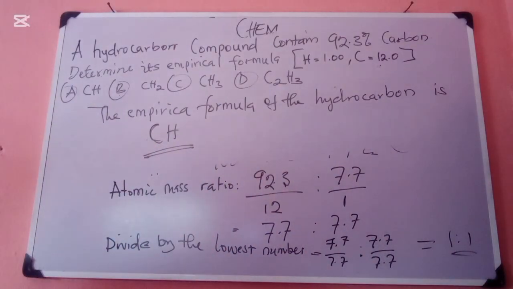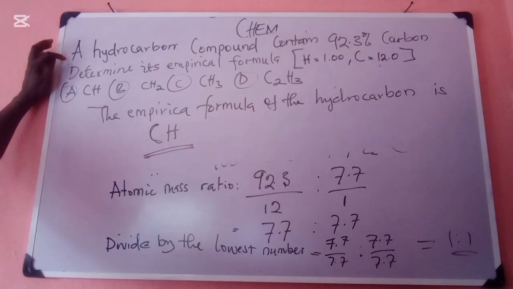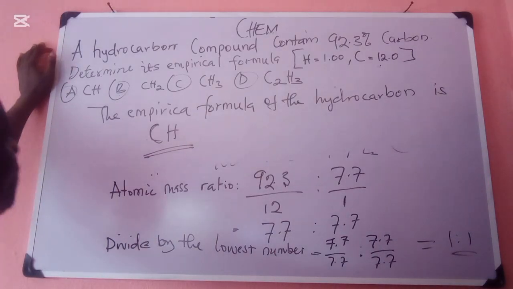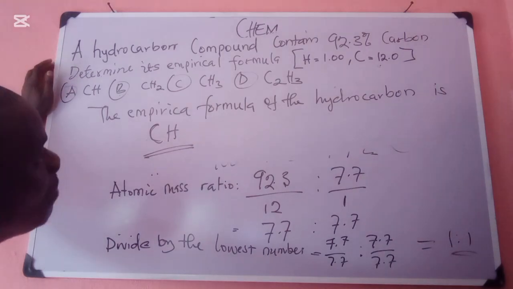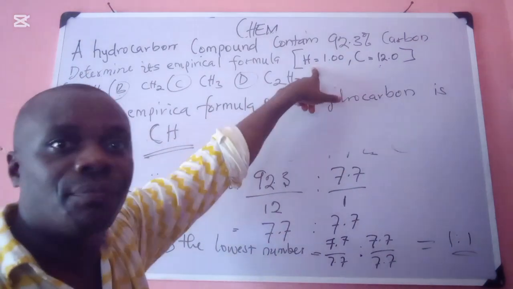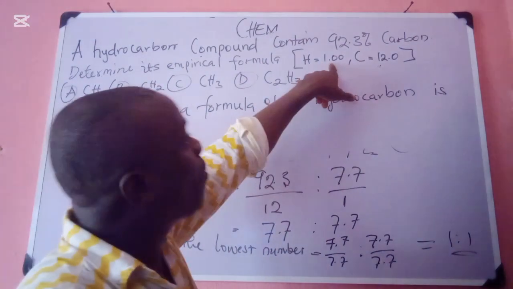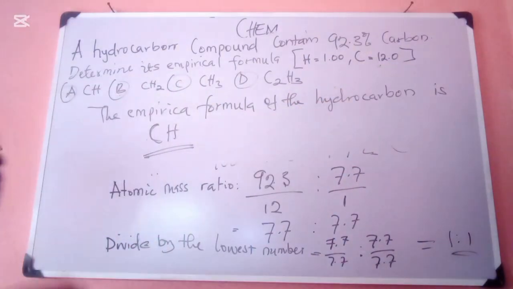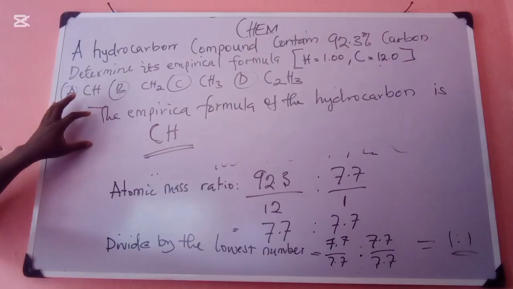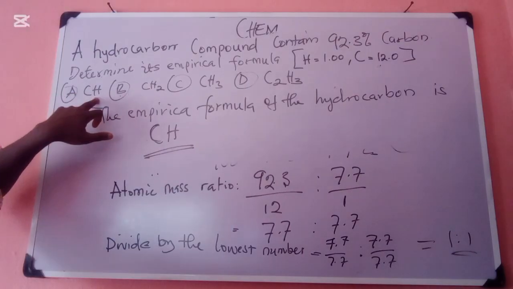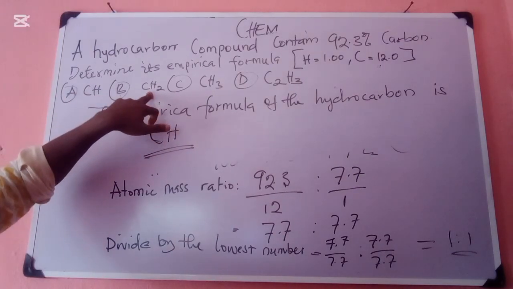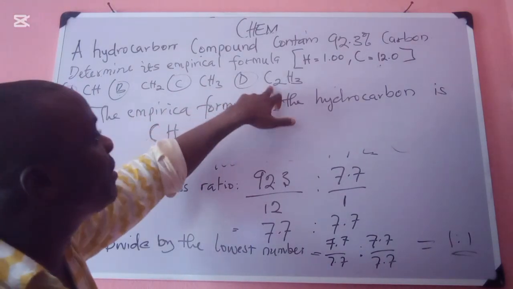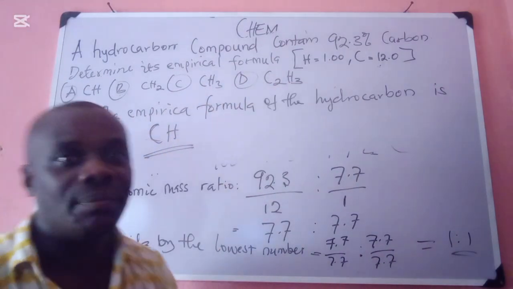So let's look at the question again. A hydrocarbon compound contains 92.3% carbon; determine its empirical formula, when hydrogen is 1 and carbon is 12. At this point, we can see the options: A is CH, B is CH2, C is CH3, then D is C₂H₁.